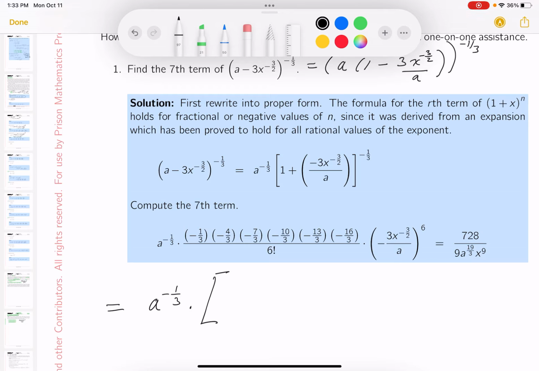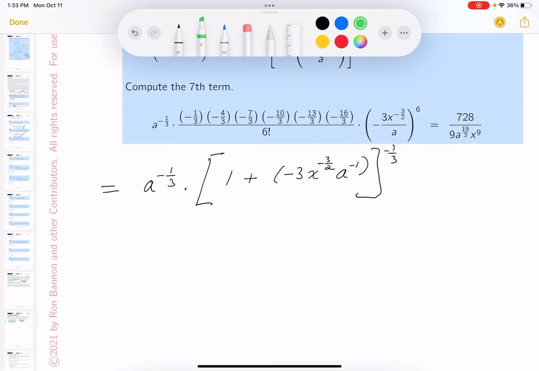It's going to be 1 plus minus 3x to the minus 3/2 A to the minus 1 raised to the power minus 1/3. So someone says, what do they want? They want the 7th term.